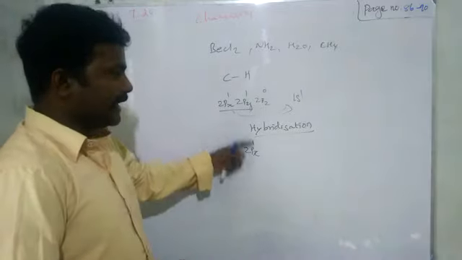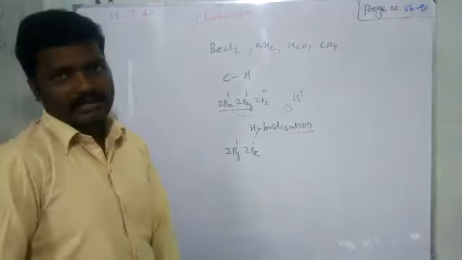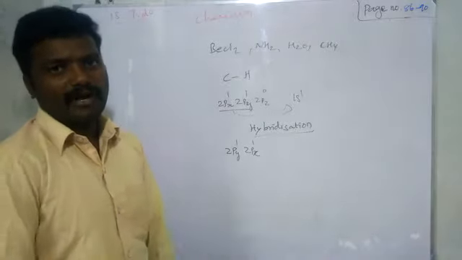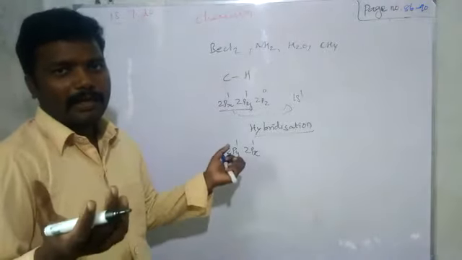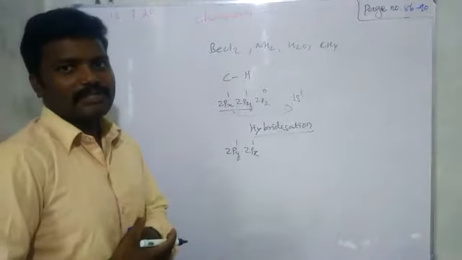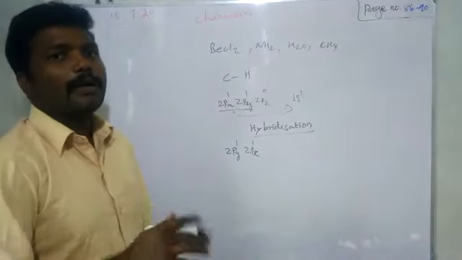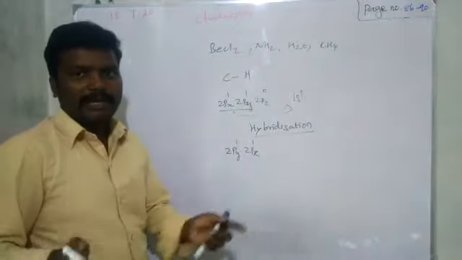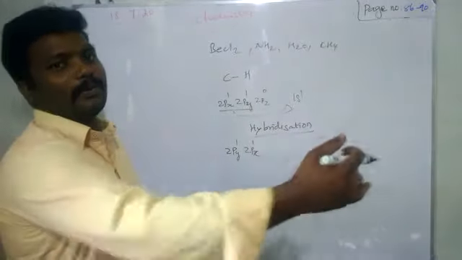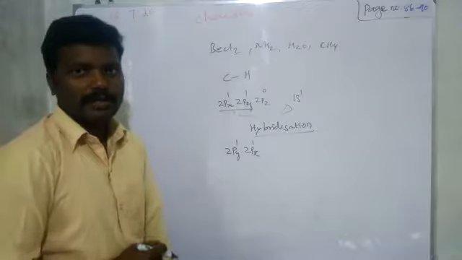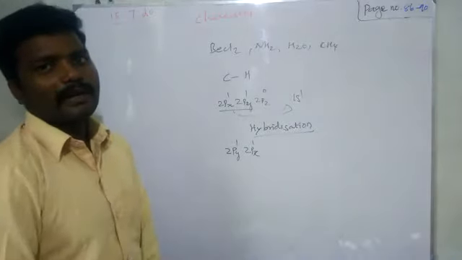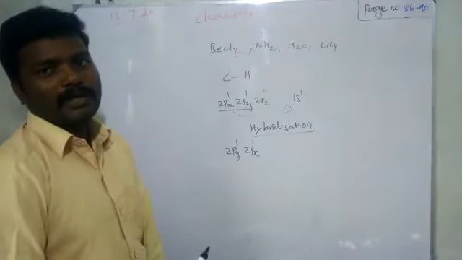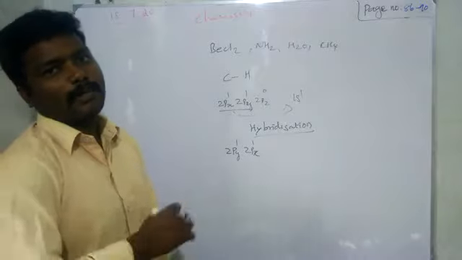So again I am explaining what hybridization is. Intermixing of atomic orbitals, the atomic orbitals themselves mixing, produces equivalent new orbitals with the same energy. The number of orbitals undergoing mixing equals the number of orbitals produced. These new equivalent orbitals are called hybridized orbitals.